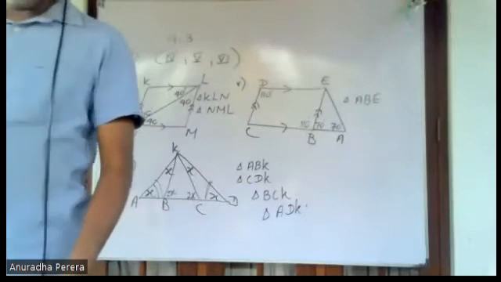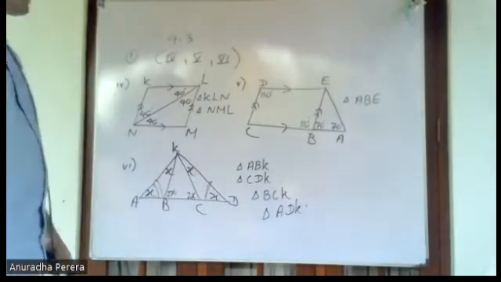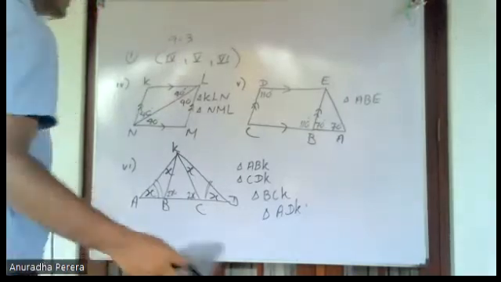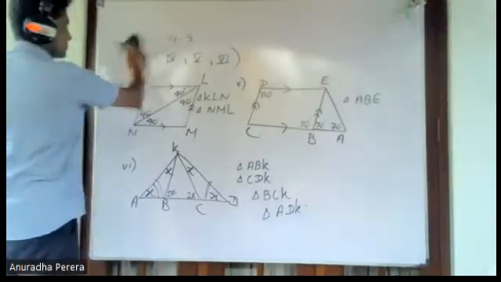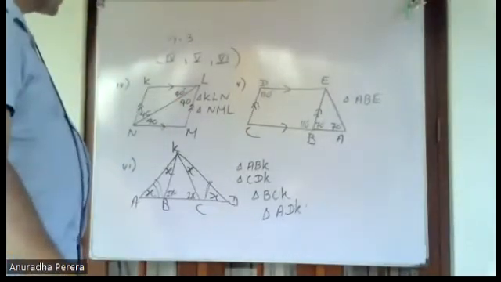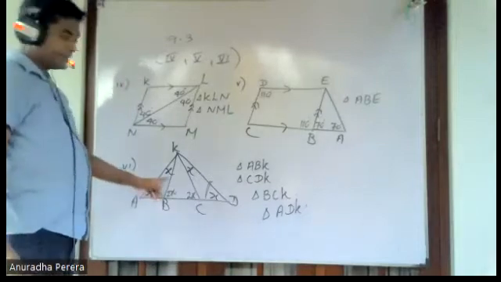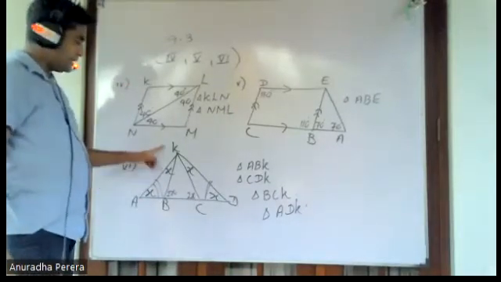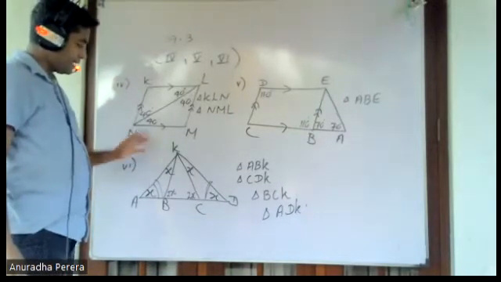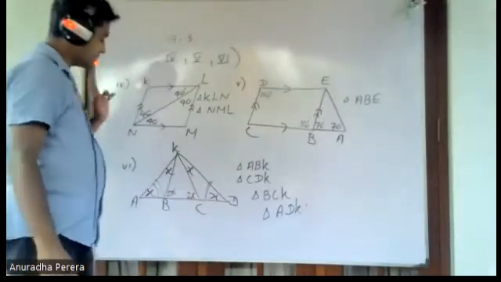Now do the fourth question, 9.3 question number 4. Question 6: you can see this is given as x and this is also x. Then ABK is an isosceles triangle. CDK is an isosceles triangle.